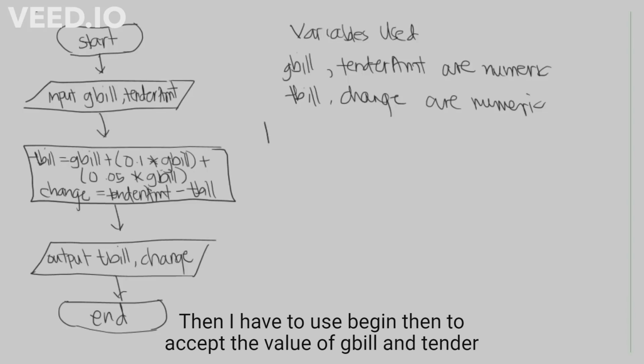Then I have to use begin, then accept the value of G bill and tender amount.